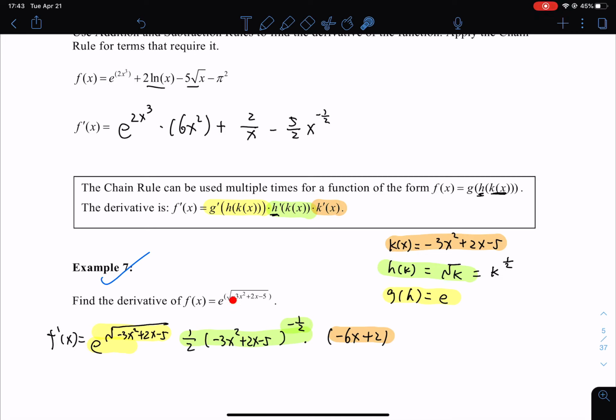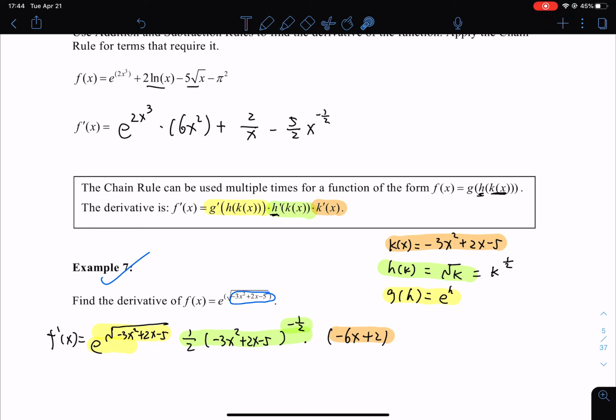That is just this one, minus 3x squared and so on. Then the second part is the square root of the blue one, so square root of k is k to the 1/2 power. And the last part is e to the h's power.